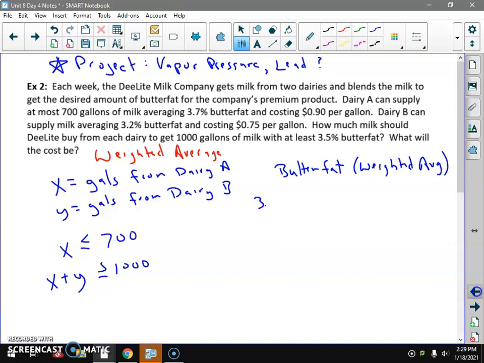So 3.7X plus 3.2Y, that's the sum of your grades, divided by the total number of tests, or in this case, the total number of gallons, and it has to be at least 3.5%. It could be greater, sort of like you need at least a 90 to get honor roll. Greater than or equal to 3.5.